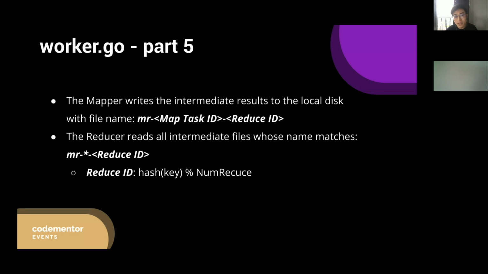It basically means it reads all the files that are targeted at this reducer. Let's do a quick recall. In the mapper, we calculate the reduce ID by hashing the key and then taking the modulo by the number of reducers. So in each reducer, we can use the reduce ID to find the corresponding intermediate files which should be assigned to the reducer.